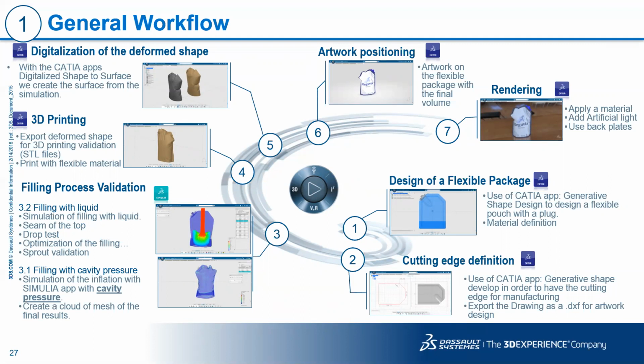Once you build the geometry, you can export the drawing file for your artwork, and this can all be done within the platform, which is the beauty of it. The idea behind the 3D experience platform is that it provides a unified database for your CAD, for your PLM, for your simulation. It links everything together, so it makes the integration seamless.